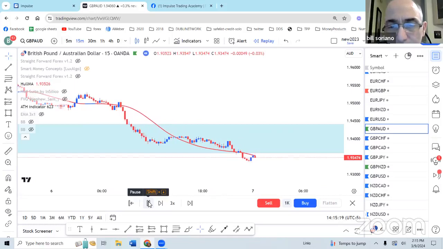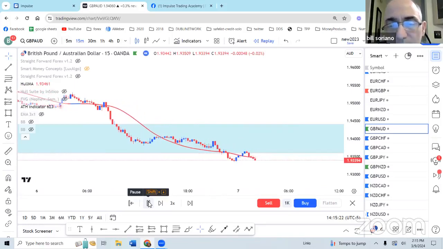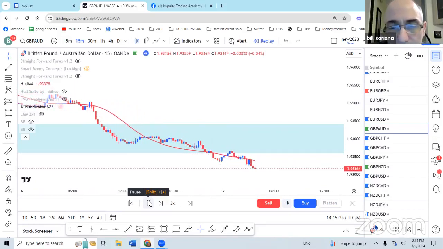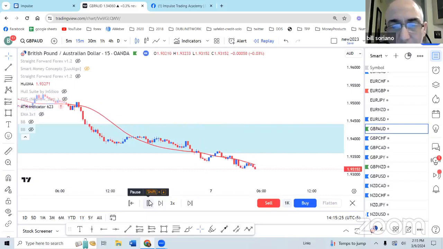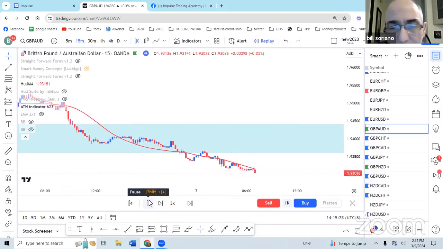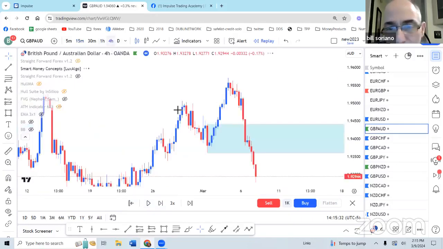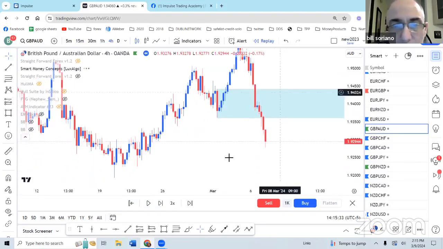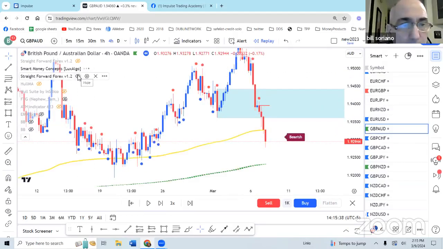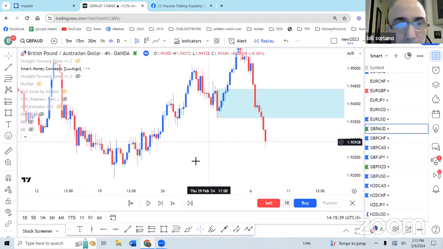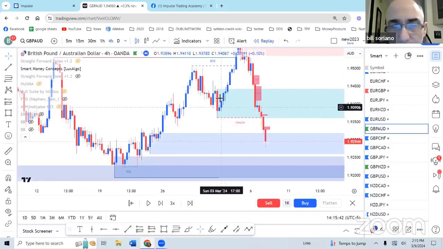Price comes down through that order block. Remember, there is an order block right down below it as well. So just to go back to the 4-hour and show you, right?